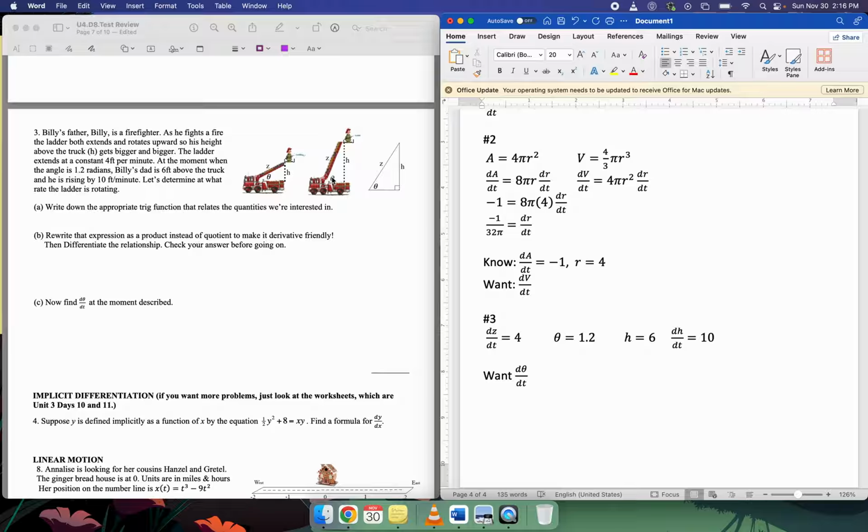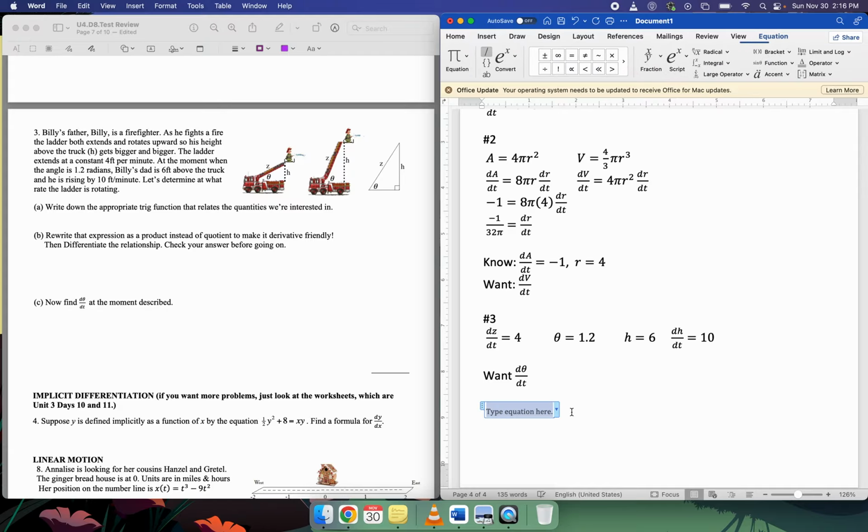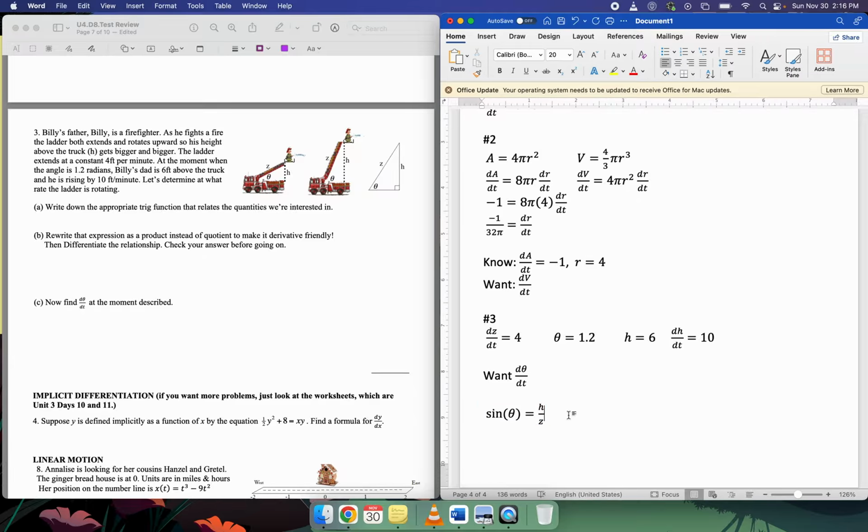Notice that compared to theta, this side h is the opposite side, and this side z is the hypotenuse. So which trig function involves opposite and hypotenuse? That would be sine. So sine of theta is equal to the opposite side, h, divided by the hypotenuse, z. That's the function we're looking for. That's the answer to part A.